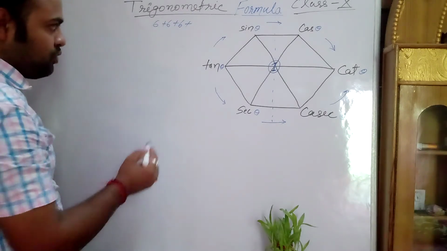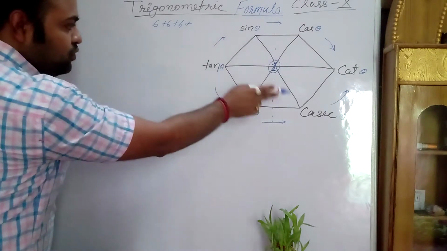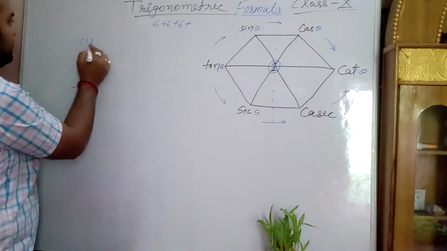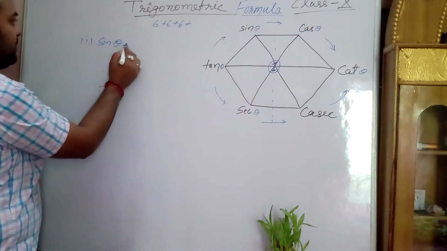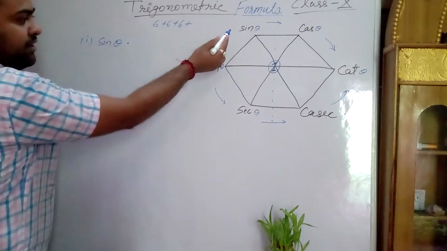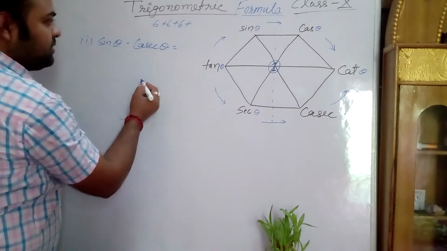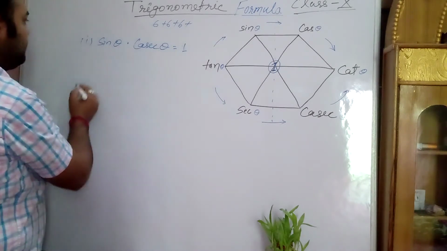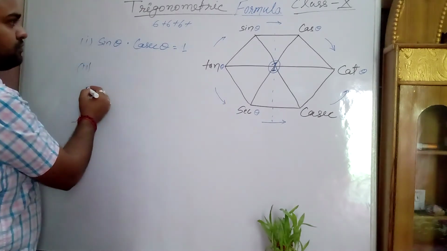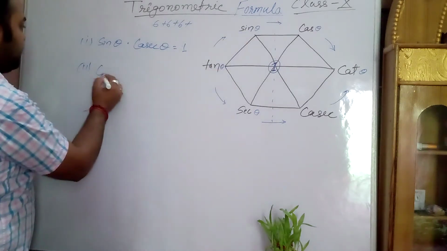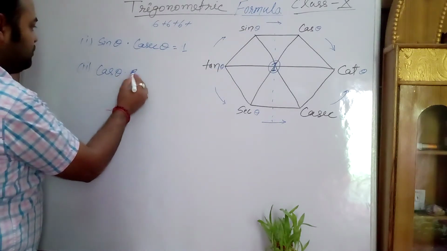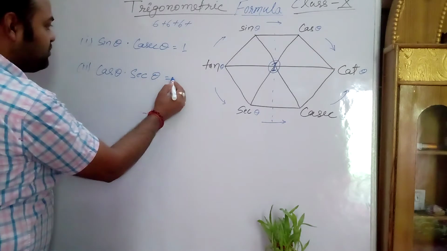3 by opposite multiplication. First one is sin theta into cosec theta is equal to 1. Second, cos theta into sec theta is equal to 1.